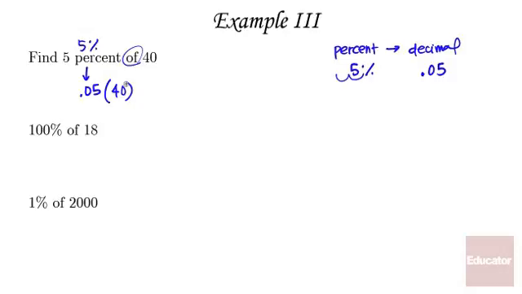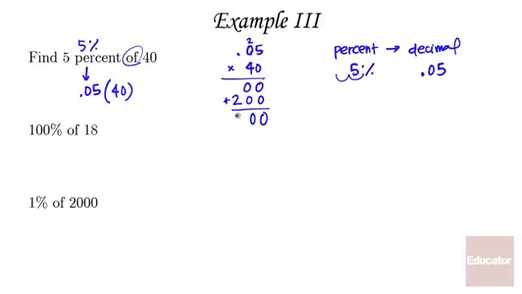So you're going to multiply these two numbers together. 0.05 times 40. 0 times 5 is 0. 0 times 0 is 0. Put a 0 down there. 4 times 5 is 20. 4 times 0 is 0. Add them: 0, 0, 200.